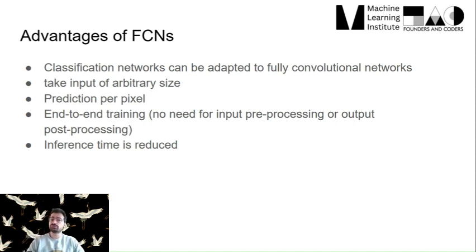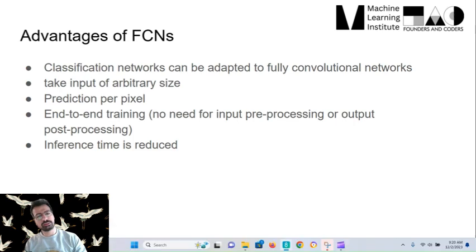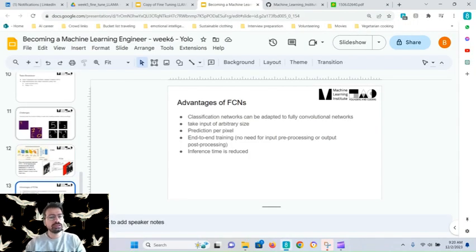FCNs reduce inference time even more. So that's super interesting, and that's something that I wanted to look at and see how that might impact the model results that I had. So another item that I would like to explore more is FCNs. And yeah, that's pretty much it for me today.